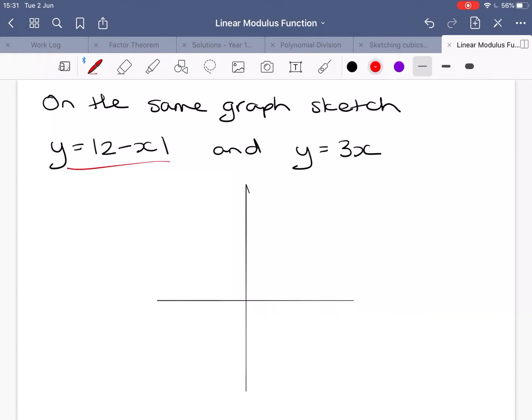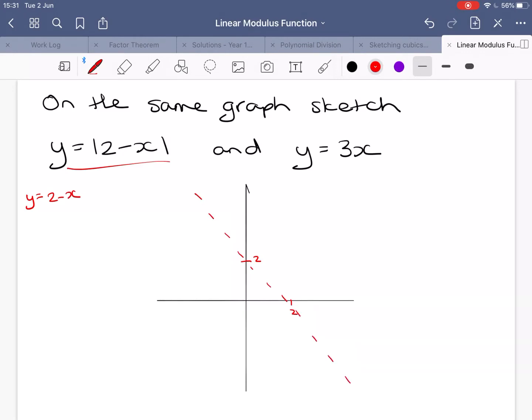Now, again, what I tend to do first is 2 minus x. Well, negative gradient, it crosses the y-axis at 2. It's got a gradient of minus 1, so it crosses the x-axis at 2 as well. So if I were to draw that as a straight line, it would just look like that.